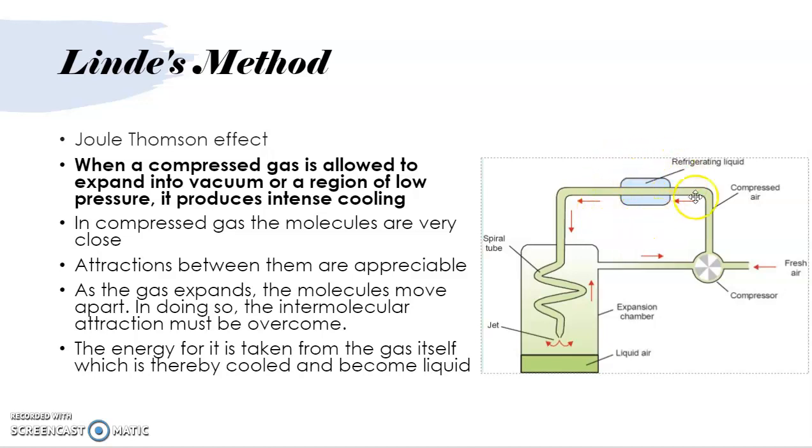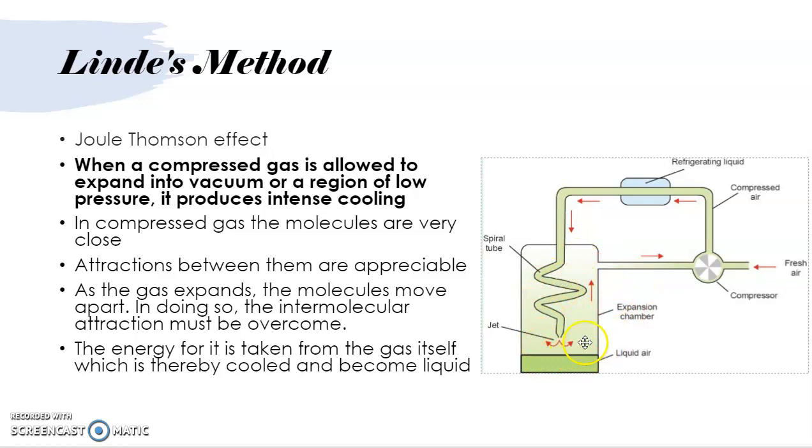That jacket is filled with a refrigerating liquid like liquid ammonia, and this cooled and compressed gas is allowed to travel through a spiral tube, and it is suddenly exposed to an area of very low pressure. This sudden expansion results in the molecules losing kinetic energy, cooling themselves, and coming within the sphere of van der Waals forces of interaction, and thereby liquefaction of the gas.